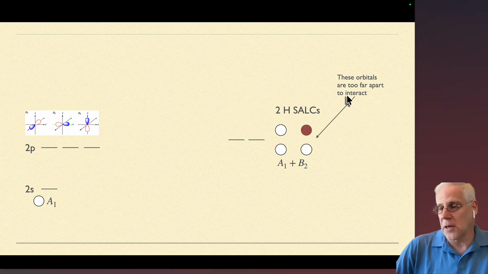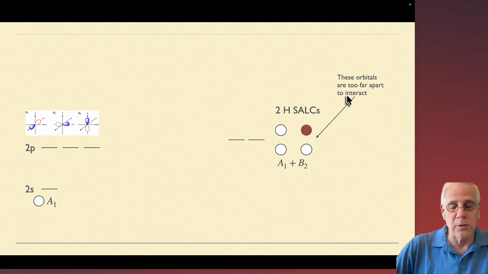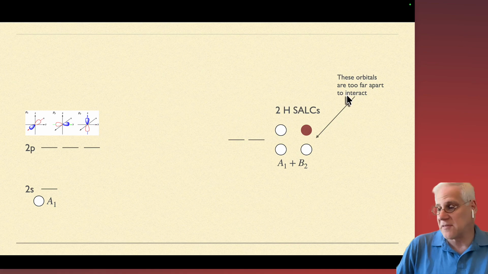If we go through and do the same type of filling out of a trace table, reducible representation with our atomic orbitals on the oxygen, we would find that the 2s orbital has an A1 symmetry, and we would find that the 2px, 2py, and 2pz have a couple of different symmetries.